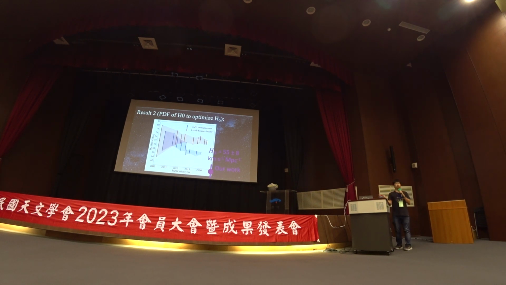I think it's because the sample is very small, and we want to increase the sample. We can use a better telescope to see if the answer will be closer to the CMB, to be larger.